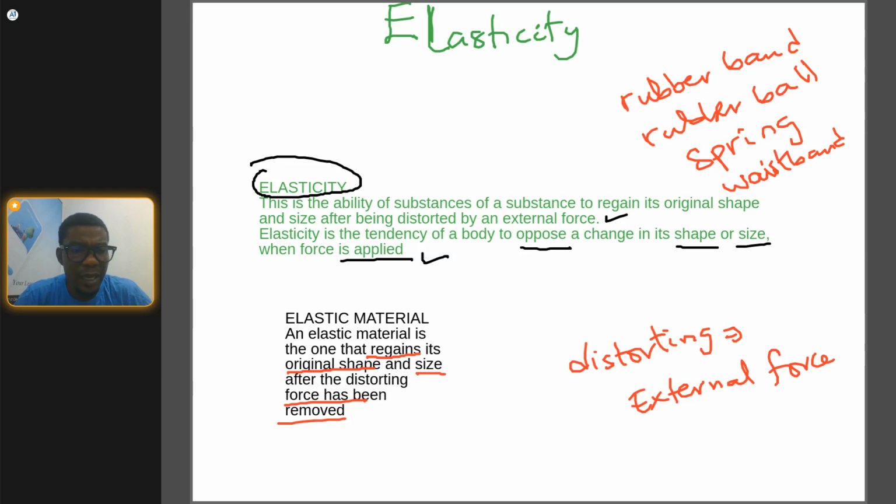There's a difference between elasticity and plasticity. Elasticity taken from the word elastic, plasticity taken from the word plastic. Now we need to differentiate them. Permit me to clean the board so we have more space to write.